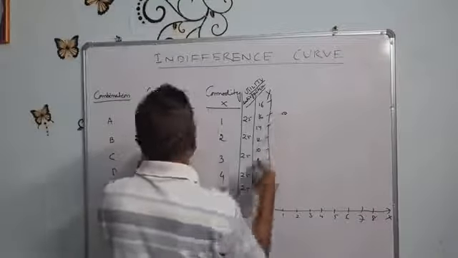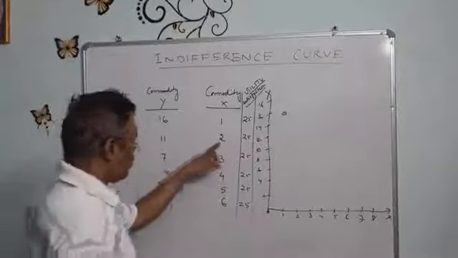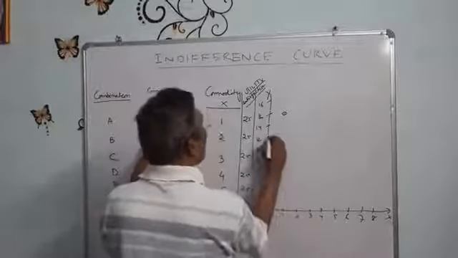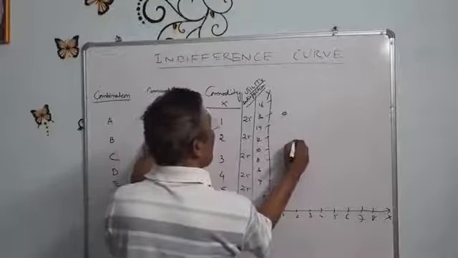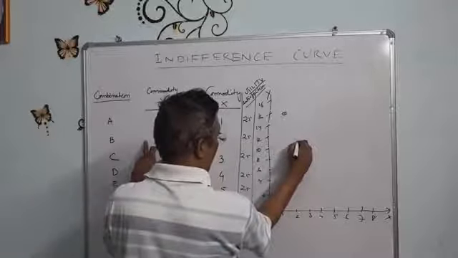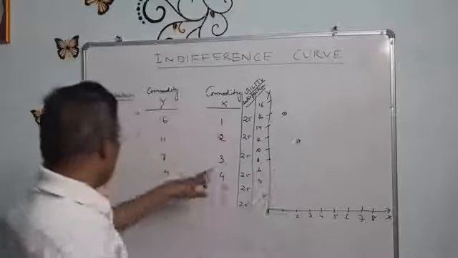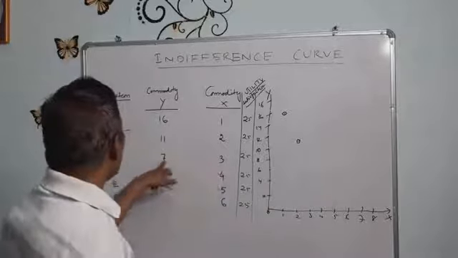This is X goods 2, Y goods 11. X goods 3, Y goods 7.